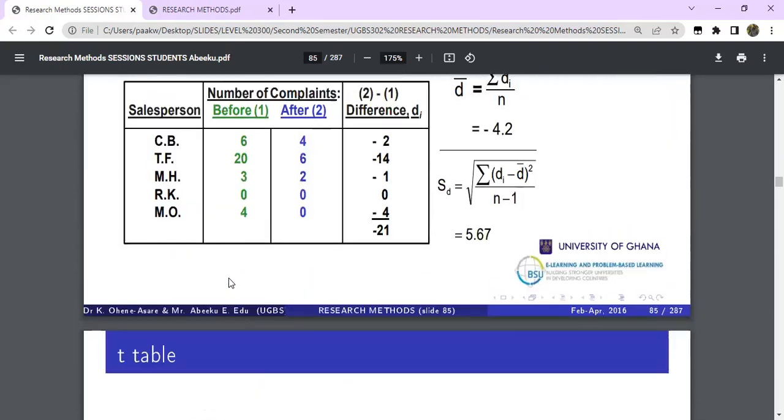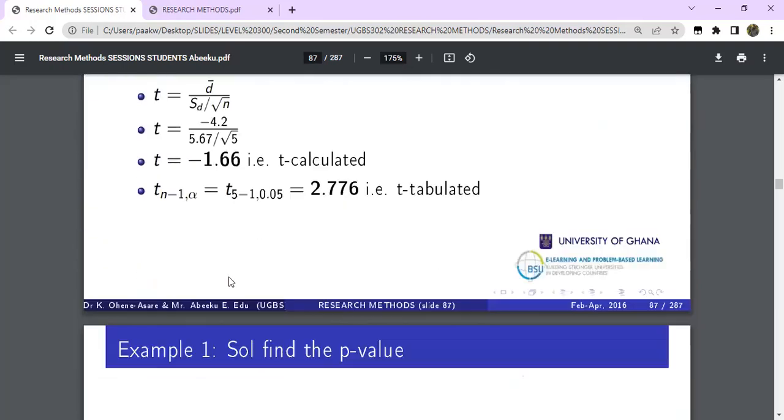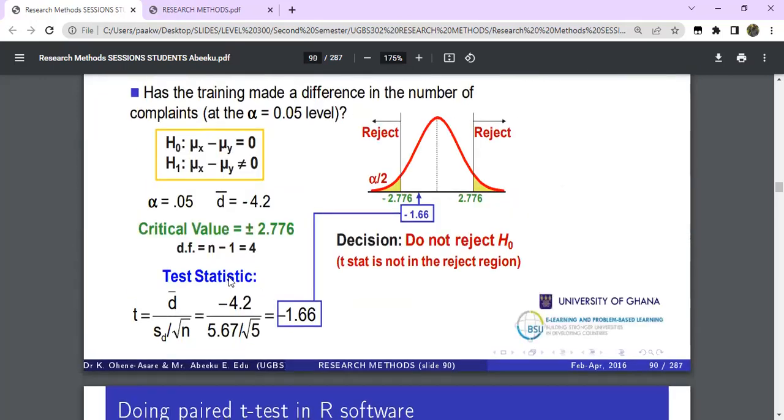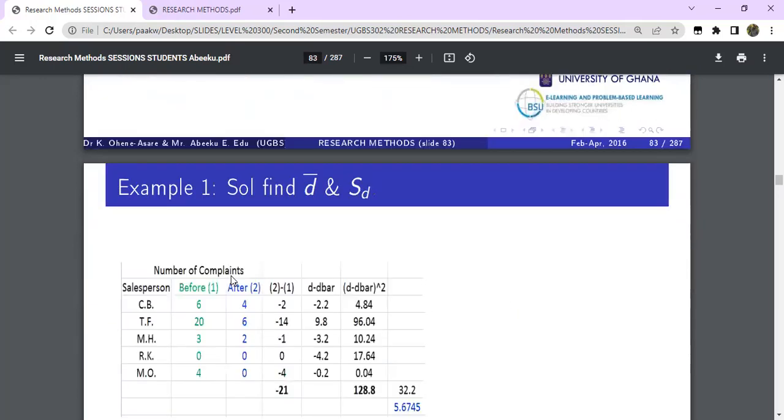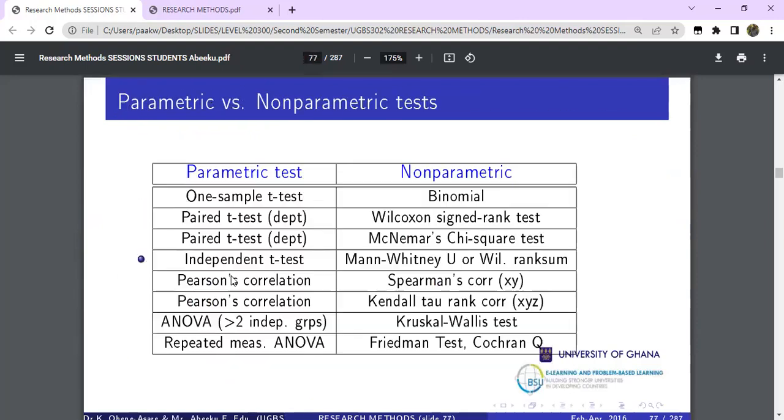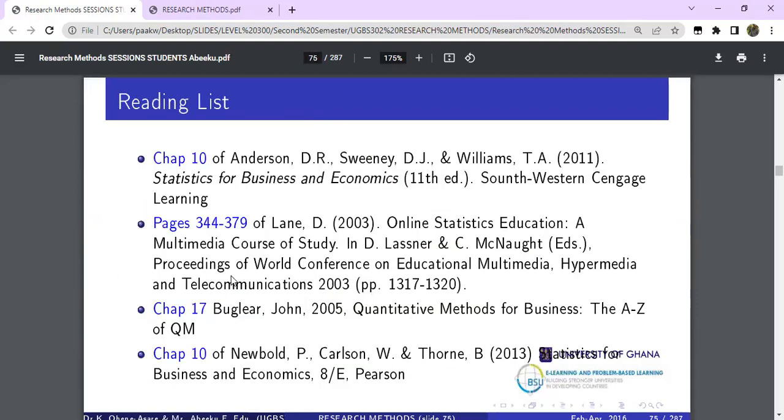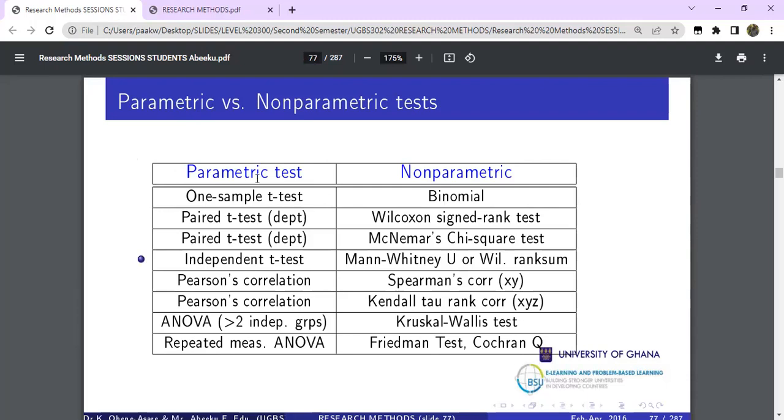I'm having a particular table here I want us to discuss. Oh, sorry, I think I skipped this. So we are having parametric tests and non-parametric tests. This table normally comes in exams as objectives, and it's really important for you to learn it offhand.